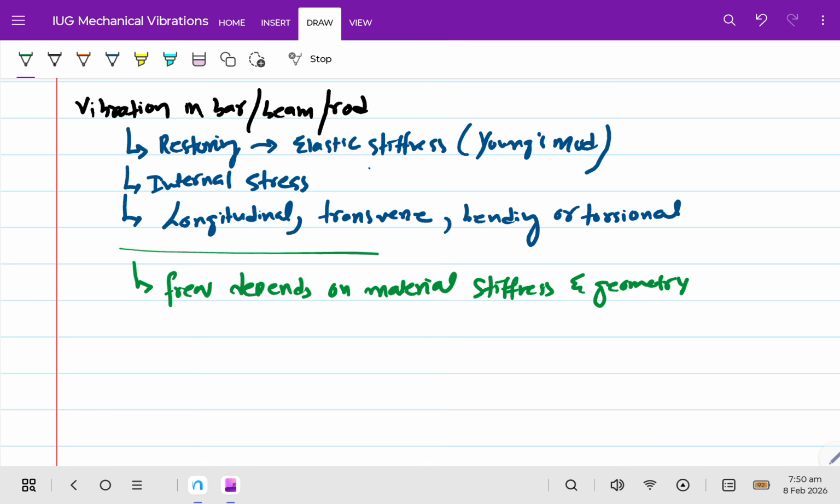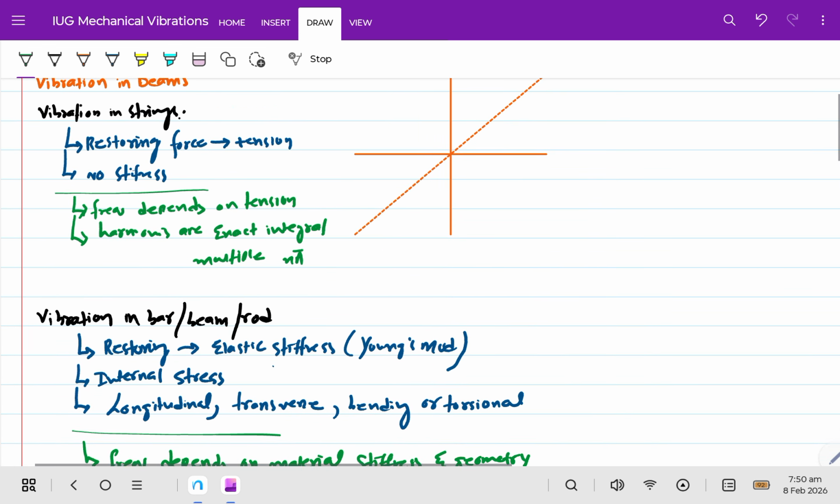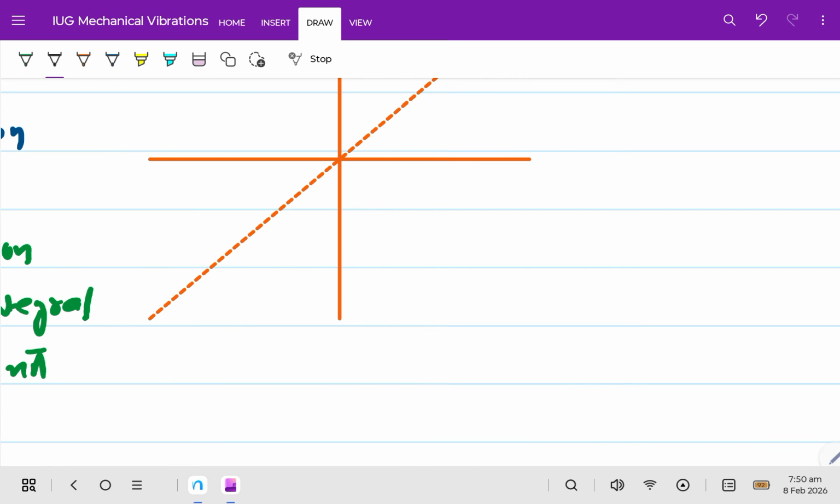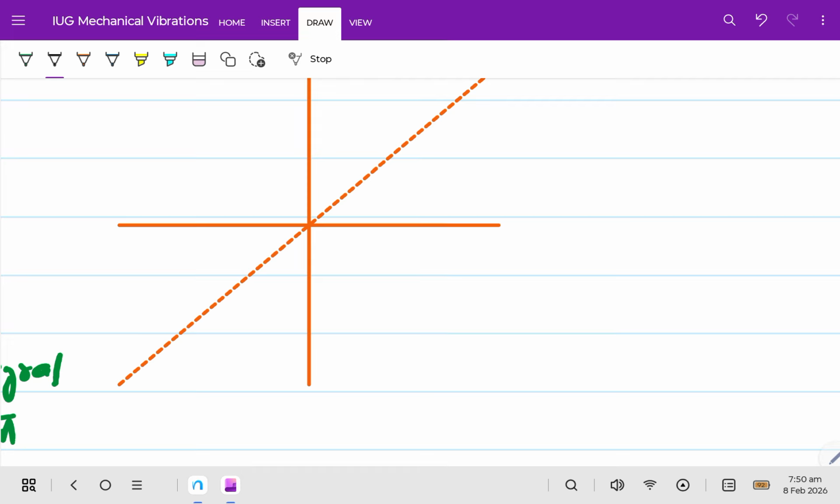So now we'll start with the longitudinal vibration in beams. Let's suppose you have an elastic beam with varying cross-sectional area. You can draw any elastic beam with a different cross-sectional area. I'm not making it smooth, so it's like this.